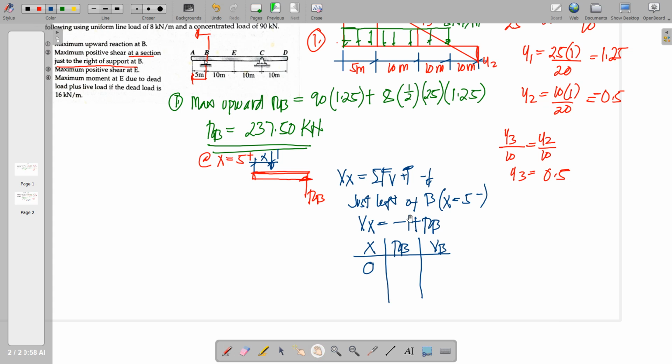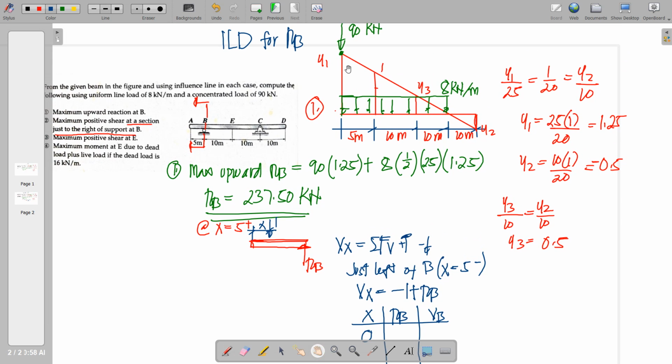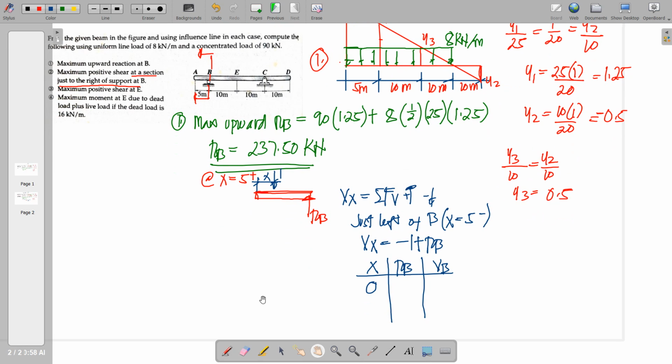We can see that in your ILD for RB. When X is 0, your value of the reaction at B is 1.25, or y1 is 1.25. So the corresponding shear at B is negative 1 plus 1.25, that is equal to 0.25.